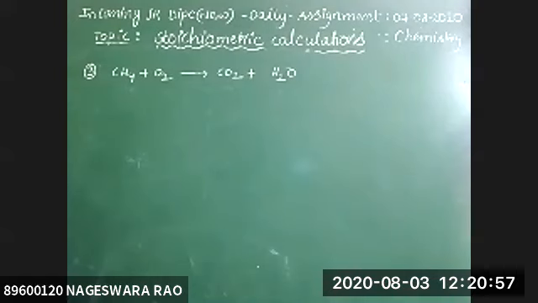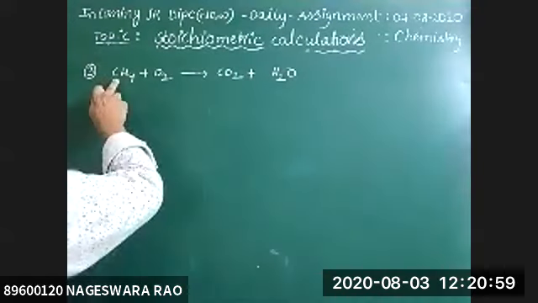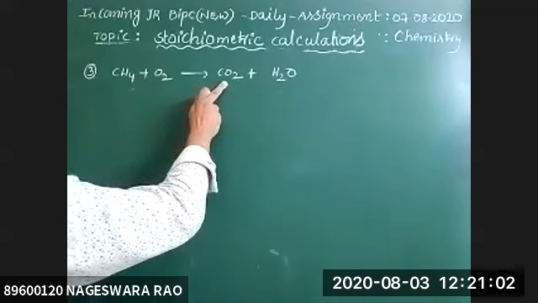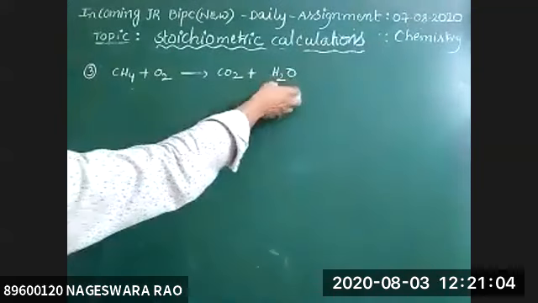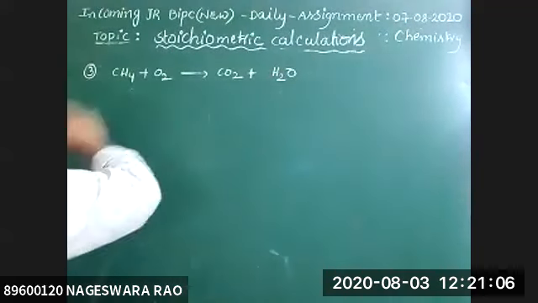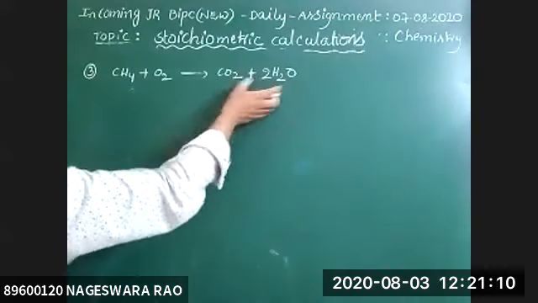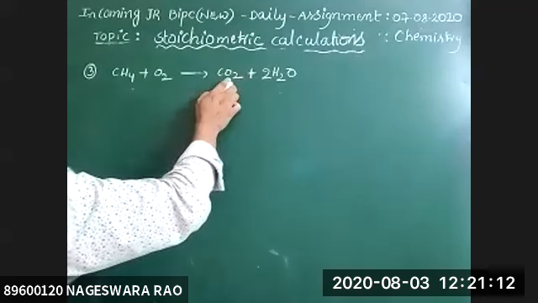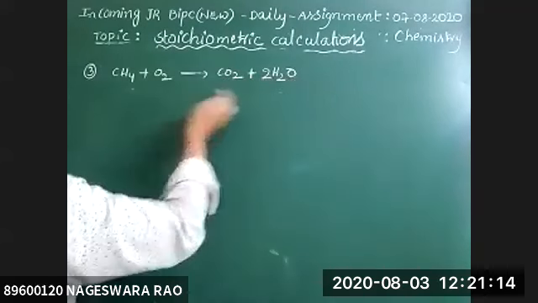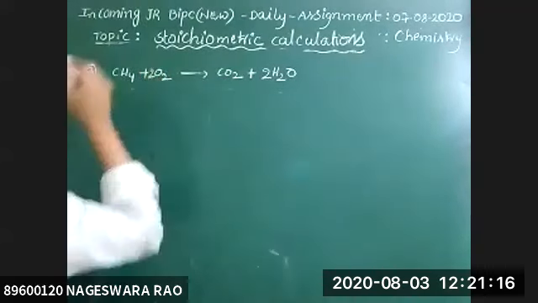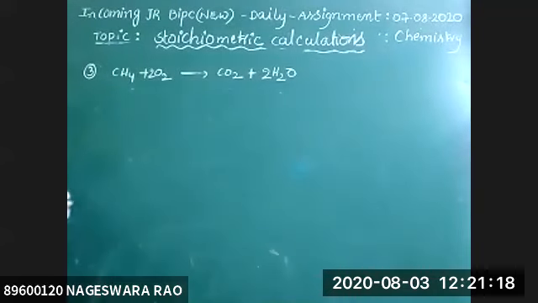So balance the equation, students. Number of carbons equals number of CO2 molecules. Water molecules equal half of the hydrogen atoms. Here 4 are there, so 2 water molecules are formed. Oxygen atoms: 2 plus 2, total 4, so 2 O2. That is the balanced equation.